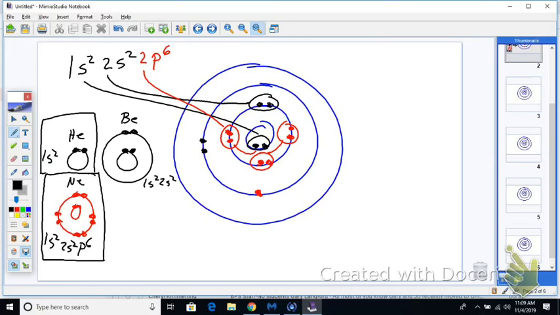So far, the first level of helium is full. Neon is full. What do we know about the noble gases and their reactivity? They're low. They have no reactivity. So helium and neon, there's no reactivity.